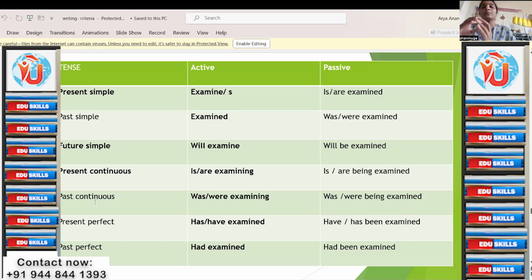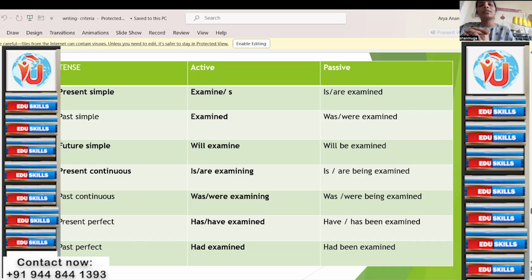And the present perfect: "has" or "have examined." If you want to write present perfect passive voice, you have to write "has" or "have been examined." If you are writing "the patient has been examined" or "she has been examined," that would be passive voice.